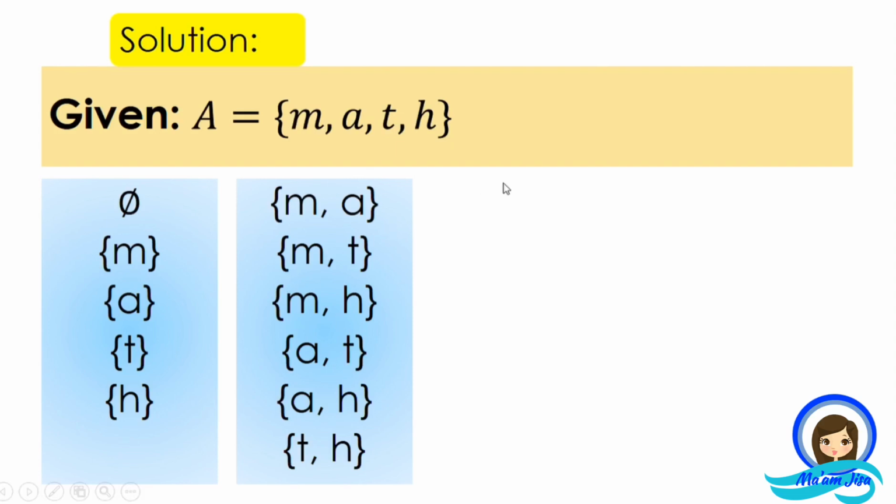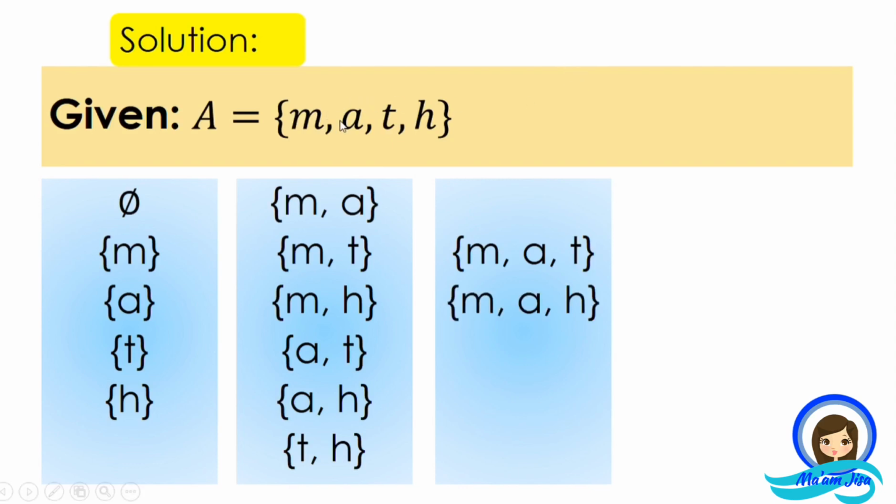Now let's try to list subsets containing 3 elements. So we have mat, mah, mth. Let's try to count how many subsets we have listed so far. 1, 2, 3, 4, 5, 6, 7, 8, 9, 10, 11, 12, 13, 14.